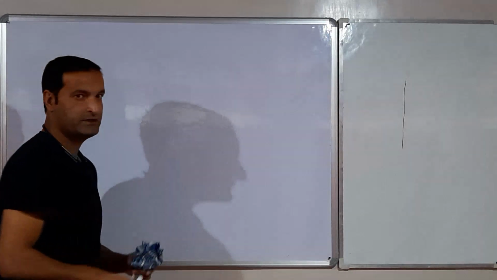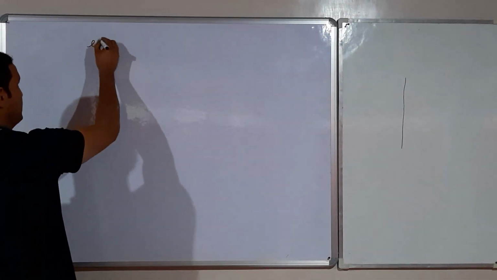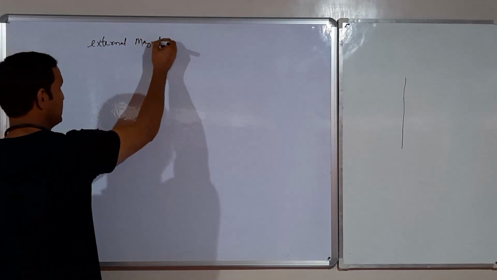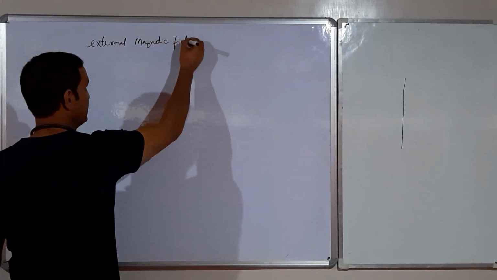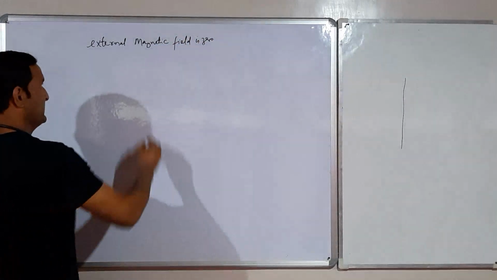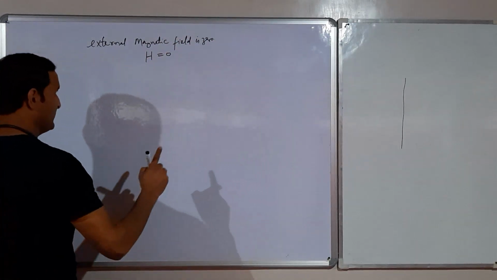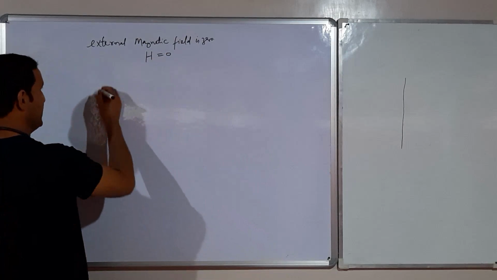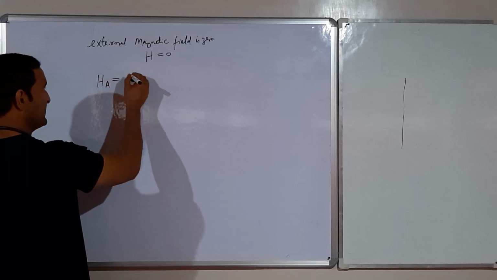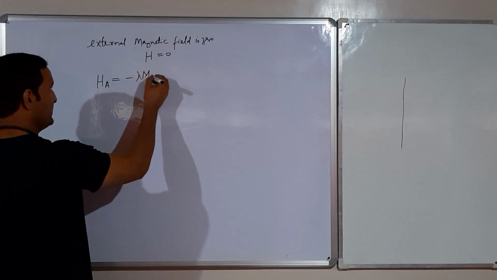So we can calculate the Néel temperature as if the external magnetic field is 0. So H will be equal to 0, that is the external magnetic field. So we can write the equations as HA will be equal to H minus lambda times MB.